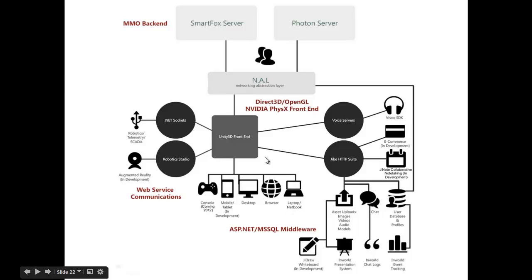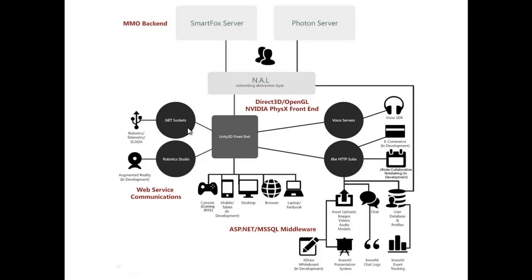There's all this back-end stuff that we've written: the user database system, the system for managing assets and in-world event tracking and so forth, this whole HTTP suite of applications, and all this stuff that we've integrated to allow hooks for interfacing with robotics devices, things like Lego Mindstorms, as well as telemetry, collecting data from sensors, and having data move in and out via net sockets.